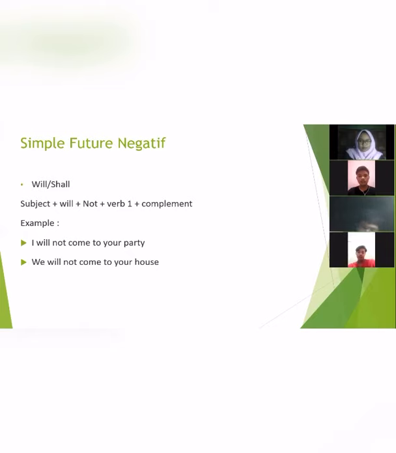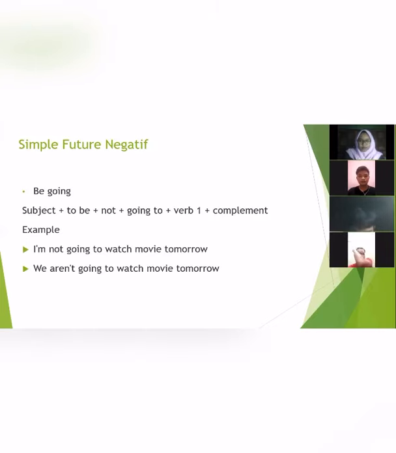Next. If we use be going to, the formula is subject plus to be plus not plus going to plus verb 1 plus complement. For example, I'm not going to watch a movie tomorrow.